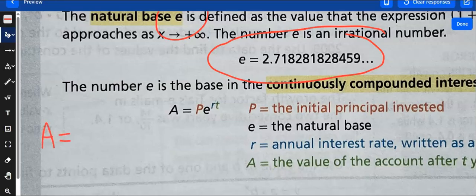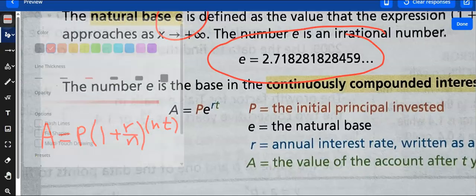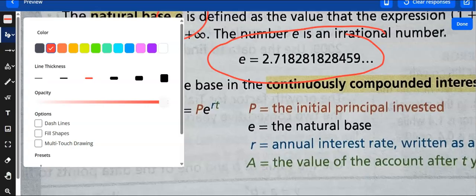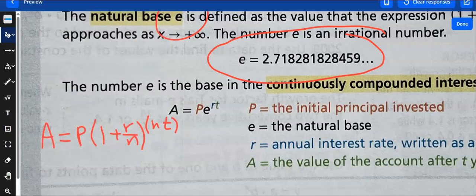Remember the formula we were dealing with? P times 1 plus R over N to the NT power? Well, what happens if the N value is raised to a very large number? Well, guess what happens to this thing that I just highlighted in that box?